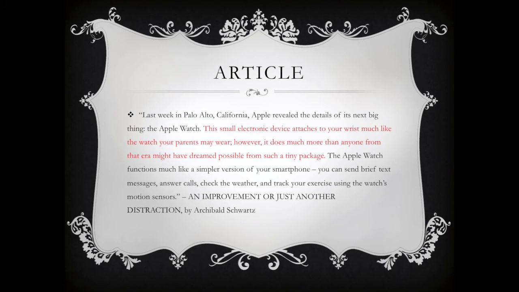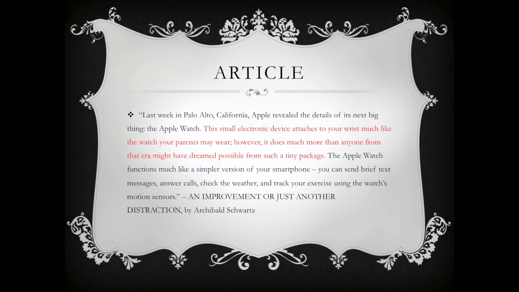This small electronic device attaches to your wrist, much like the watch your parents might wear, but it's not quite the same as watches that they have worn, right? So it's kind of setting us up. How is it not the same? You should be asking yourself that.